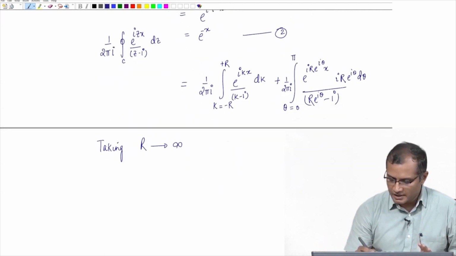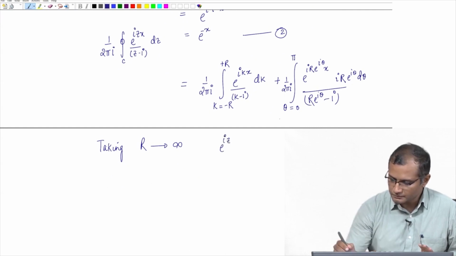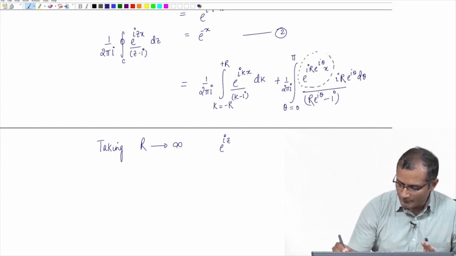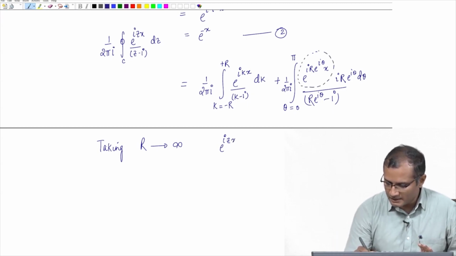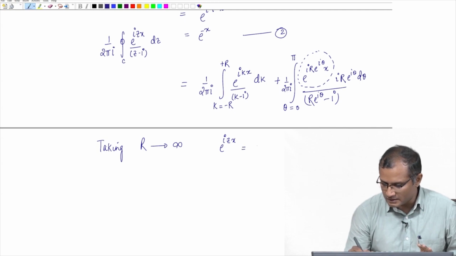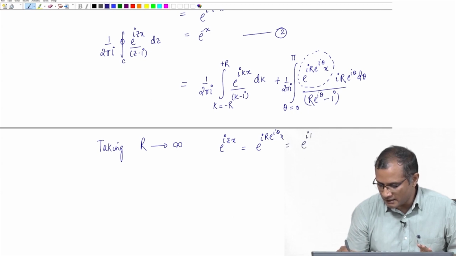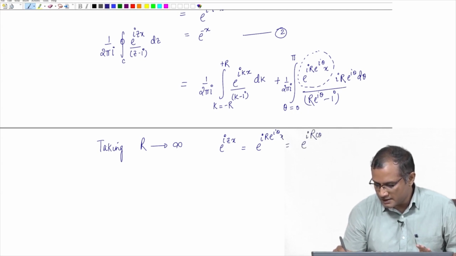So, my e to the power i z x, which is written here, is basically e to the power i R e raised to i theta x. This can be written as e raised to i R cos theta x into e raised to minus R sin theta x.